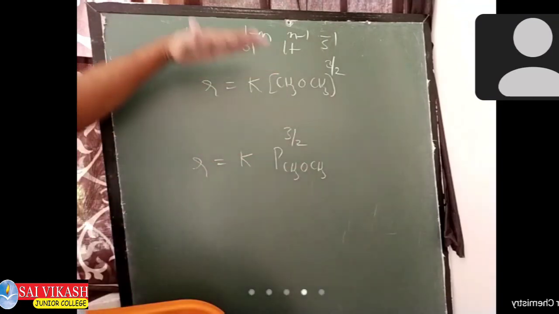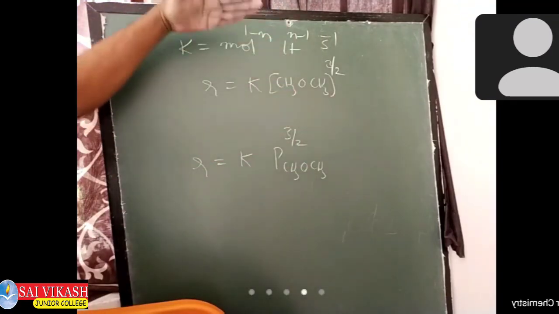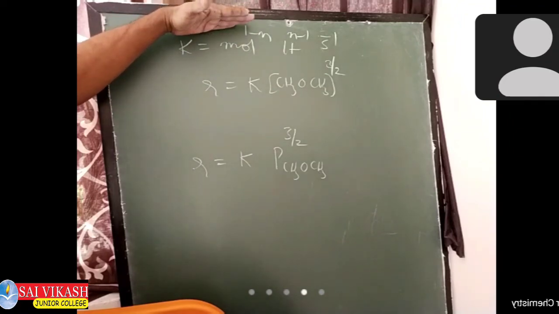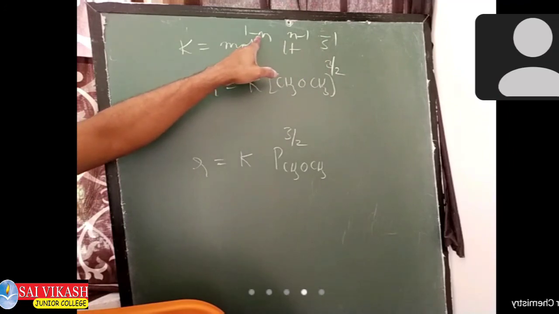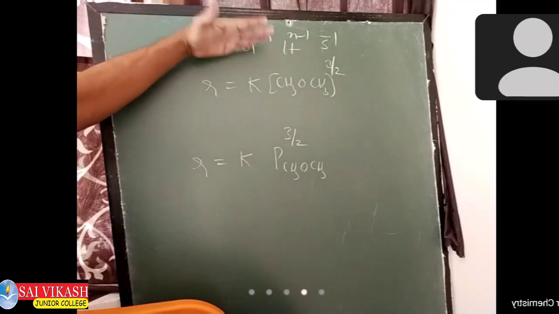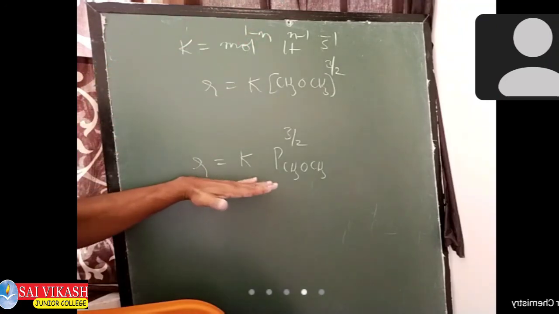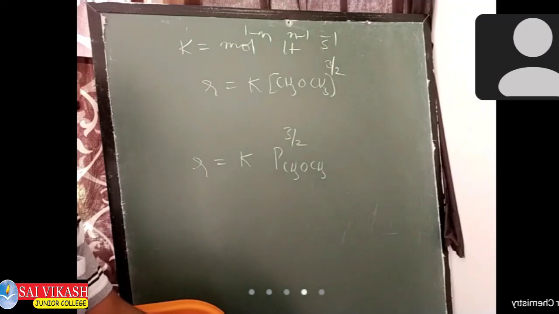If they are asking the K value in mole per liter, you have to use this one. Now in place of n, substitute 3 by 2, and you will get the unit of K. But they are asking the unit in terms of bar.